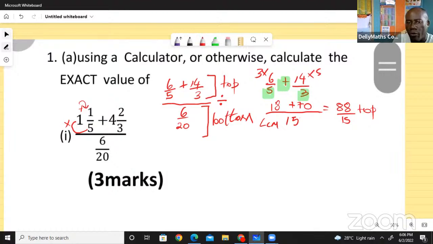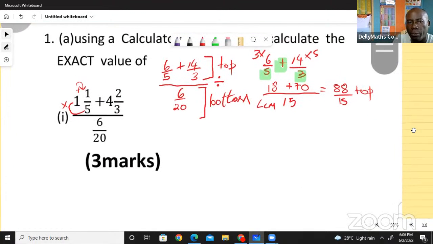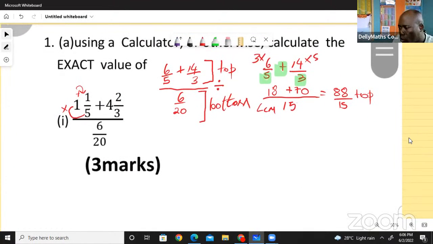So basically what we're saying is we want you to work out the top piece. After you work out that top piece, yes, Damonia, 15 was correct. You're going to say 88/15, and you want to divide that by the bottom piece, and the bottom piece is 6/20.